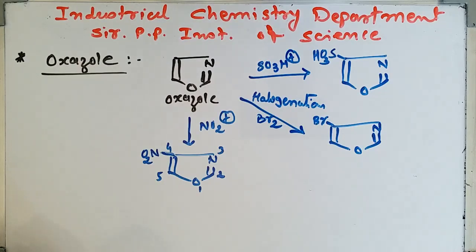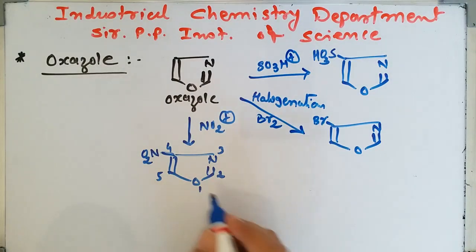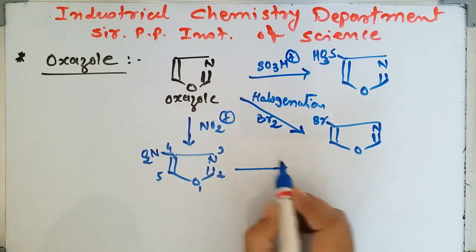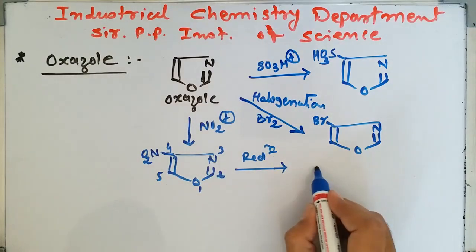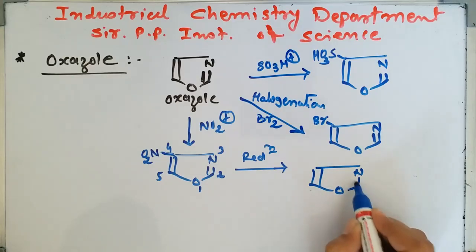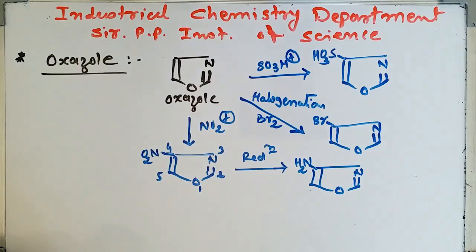If reduction of the nitro group takes place, it is converted into amino, giving 4-amino oxazole.